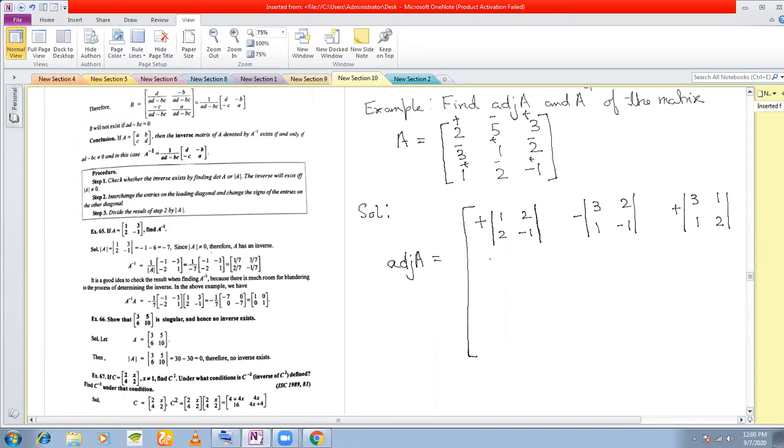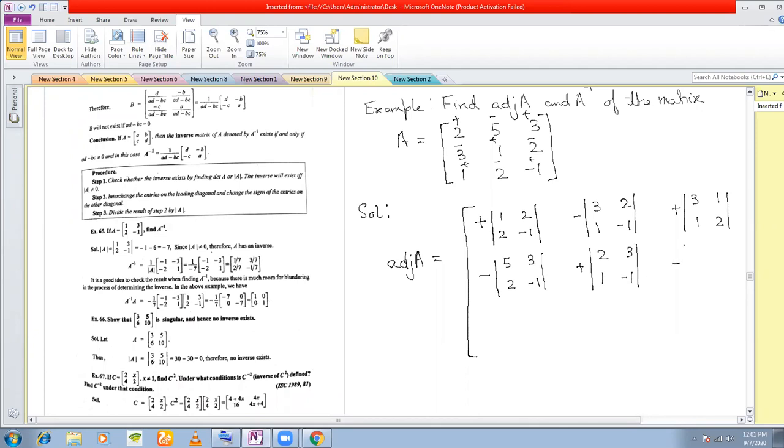Next, a minus position. Hide your second row and the first column. So you get 5, 3, 2, minus 1. Next, a plus, and the minor of the element in this position: hide the second row and the second column. So you get 2, 3, 1, minus 1.